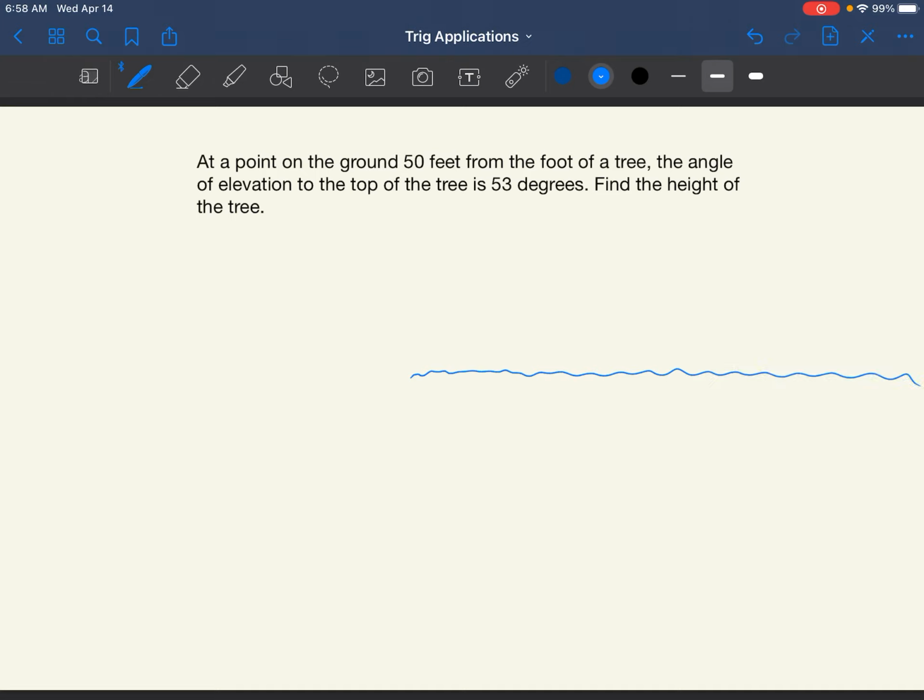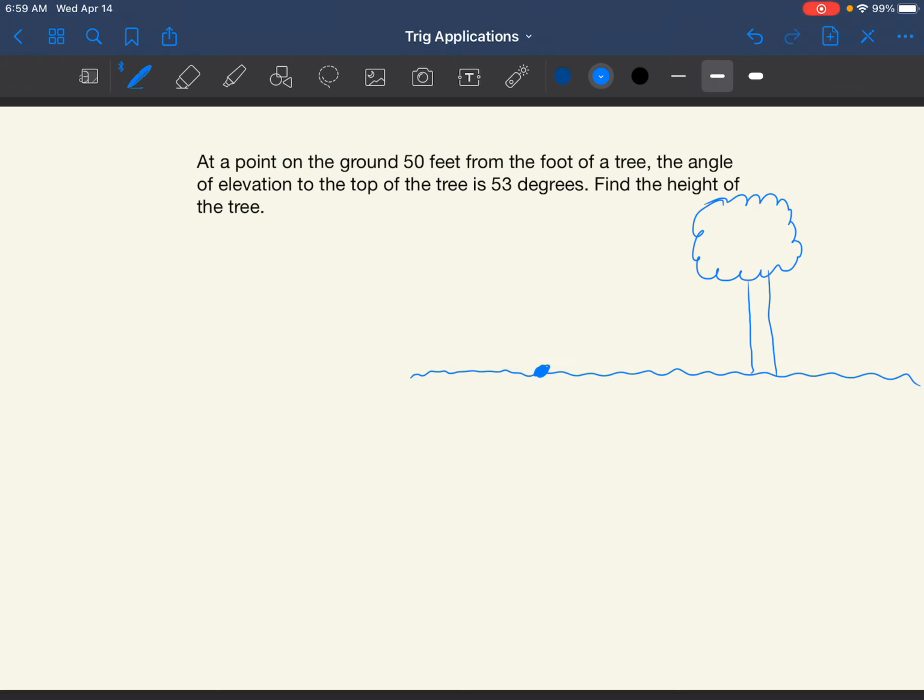I'm going to go ahead and draw a tree. And it says, at a point on the ground 50 feet from the foot of a tree. So I'm going to draw a point 50 feet. There's my point from the foot of a tree.